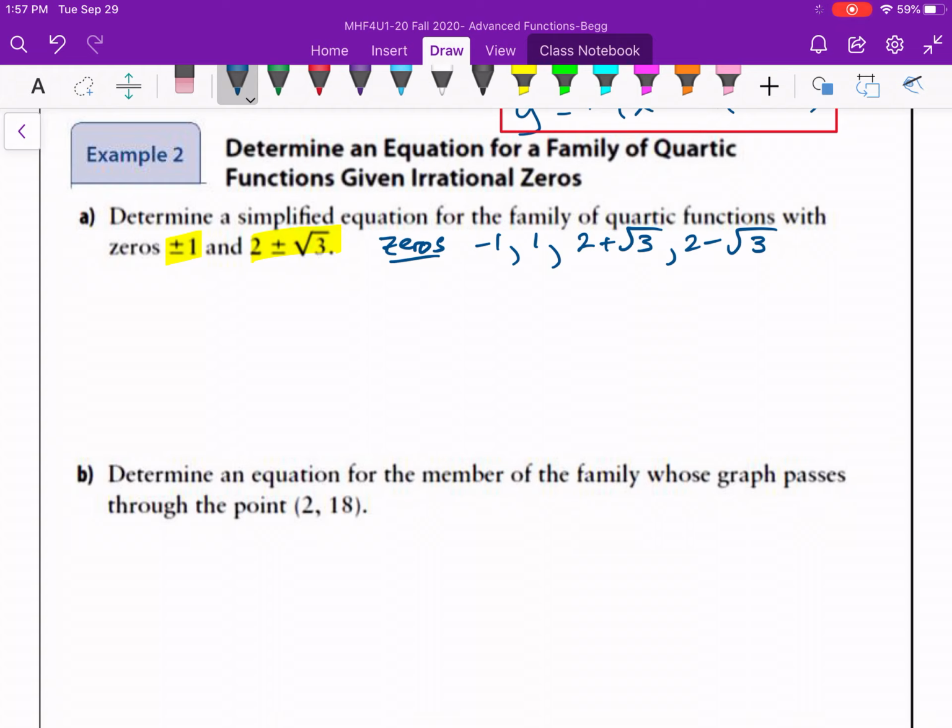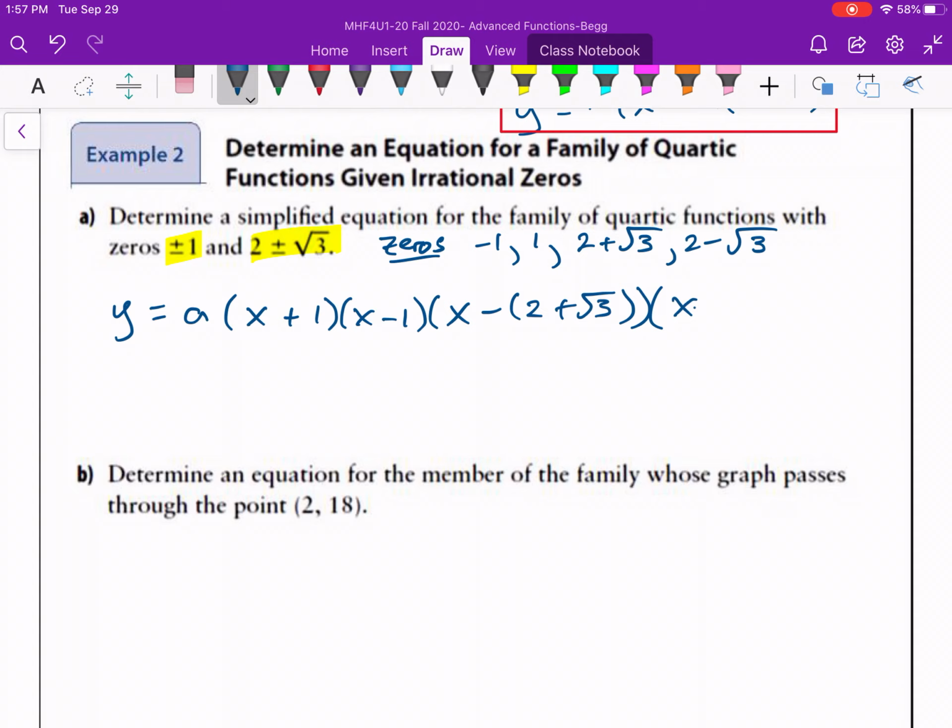And so each one of those will be a factor. So y equals a times (x plus 1)(x minus 1), let's say (x minus (2 plus root 3)). Let's keep brackets to show where things are coming from. And then (x minus (2 minus root 3)).